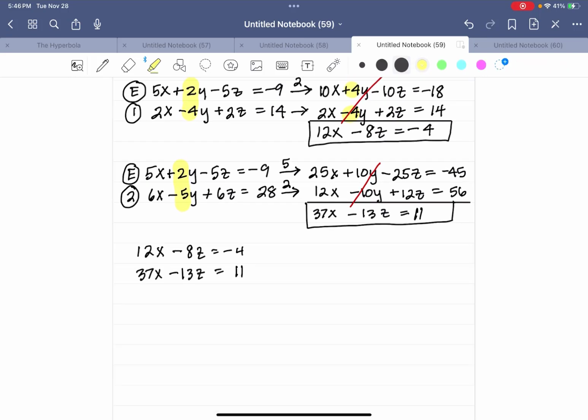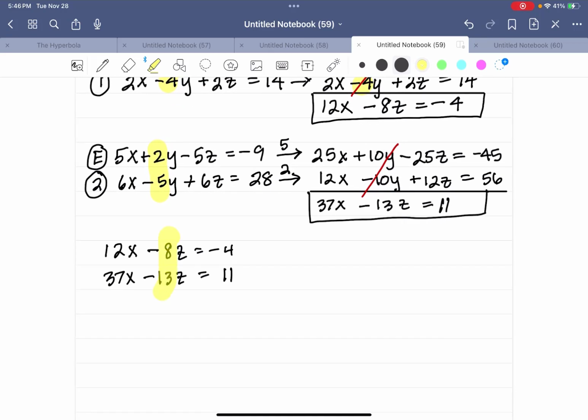I'm going to pick the z's, okay? I'm going to get rid of the z. So I need to multiply 8 times 13. They'll both go into, let's see, 8 times 13 is 104. So I'm going to multiply the first one by 13, okay? So this is times 13.